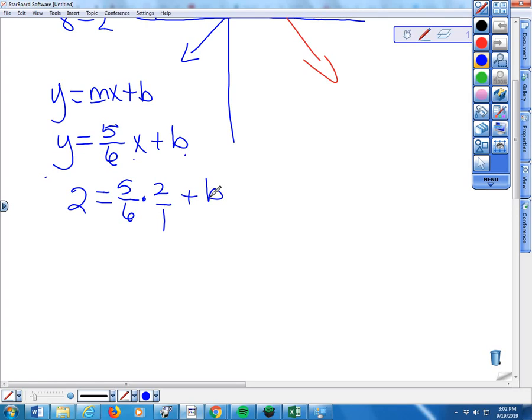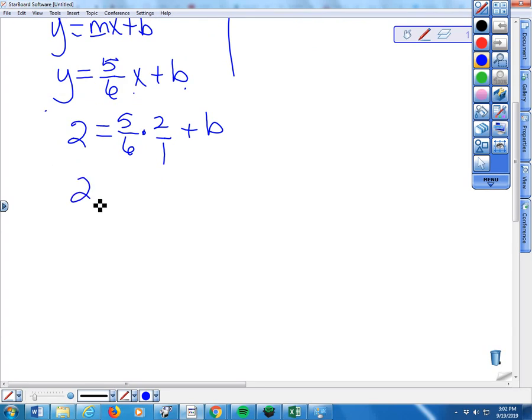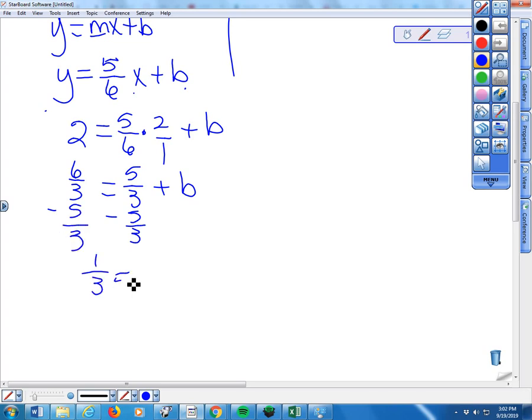Okay? So I'll simplify. 10/6 is 5/3. Now I've got to subtract 5/3. Well, to do that, this is also 6/3, right? Get that common denominator. 6/3 subtract 5/3. I now know b.